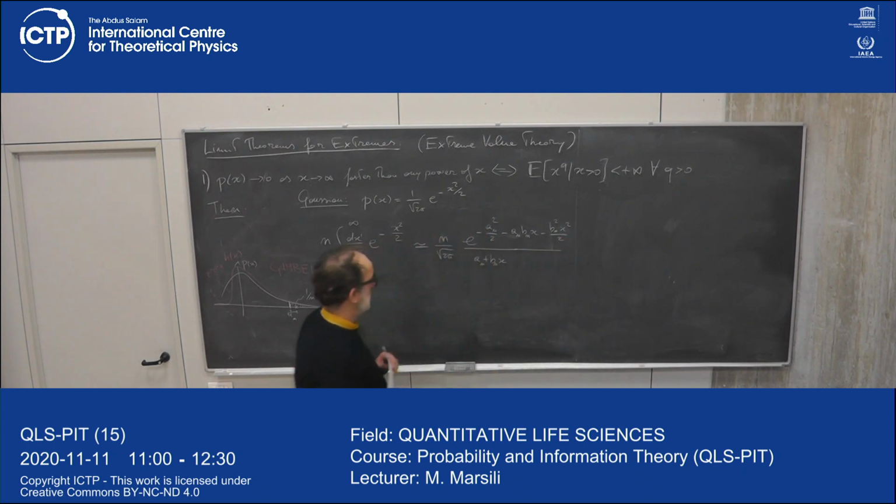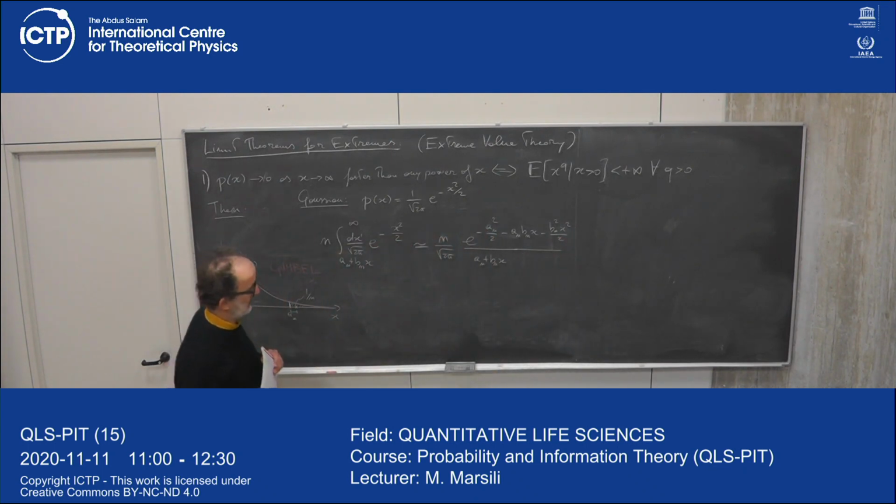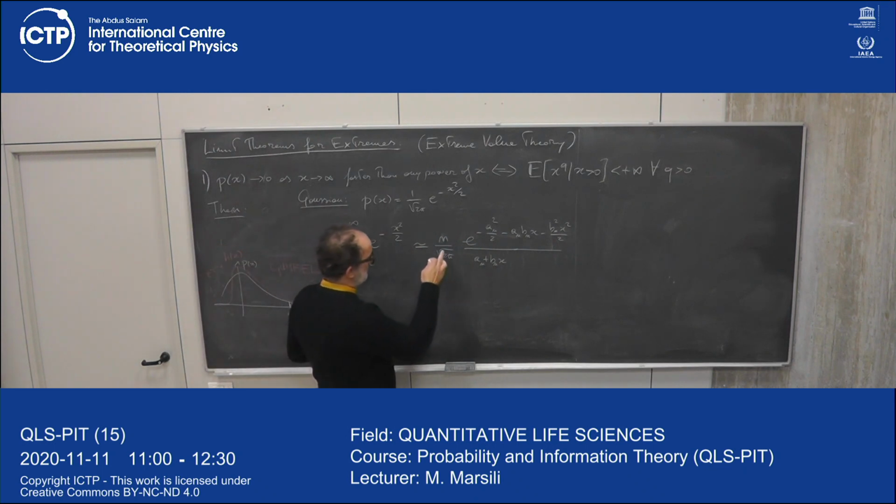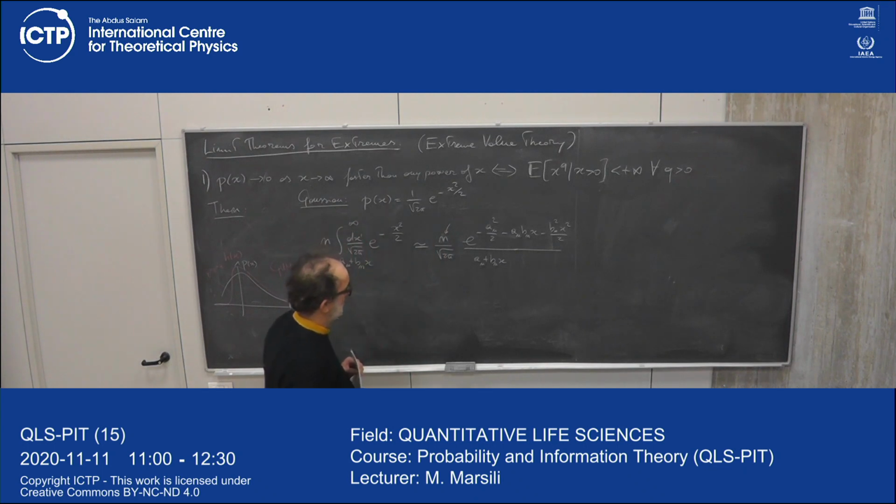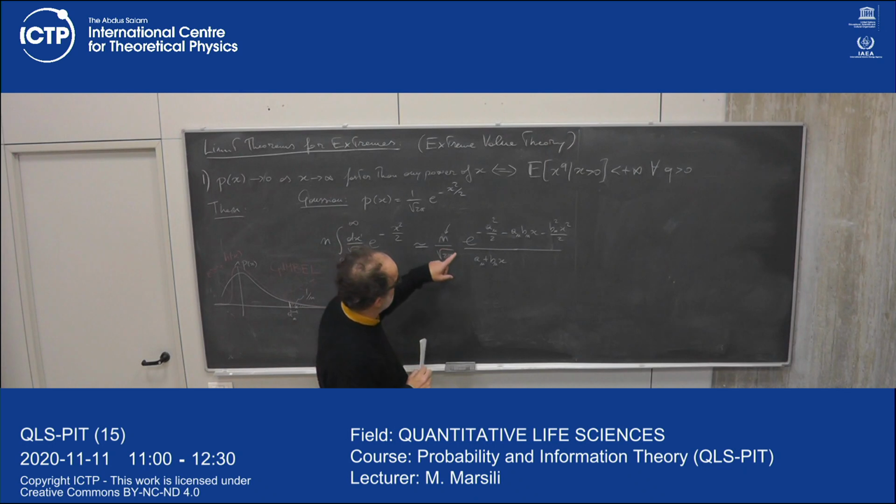Okay. Now I want to make this finite, and the main issue is to take care of this n. So if I want to take care of this n, then I need this term to account for it. So an should also be large.